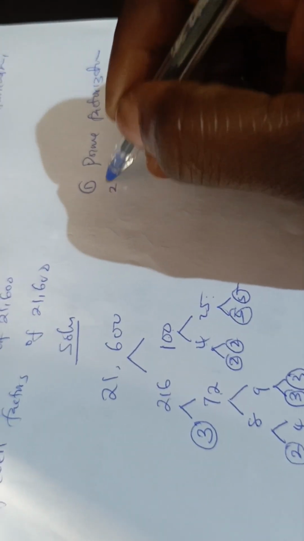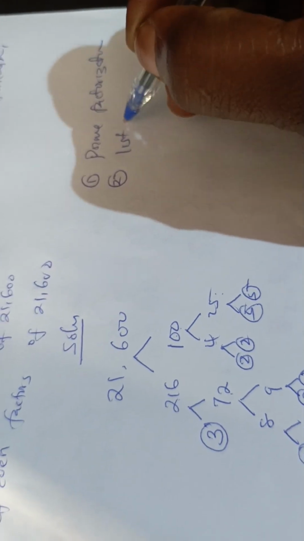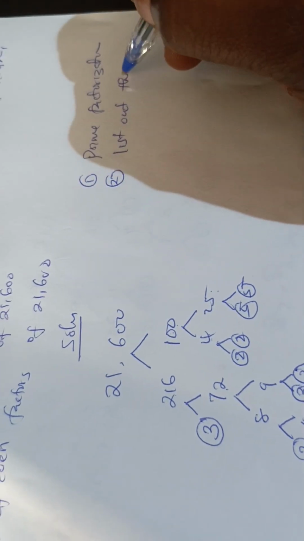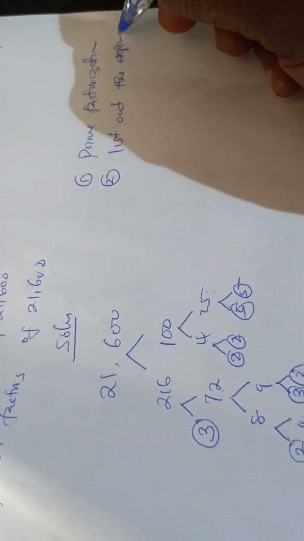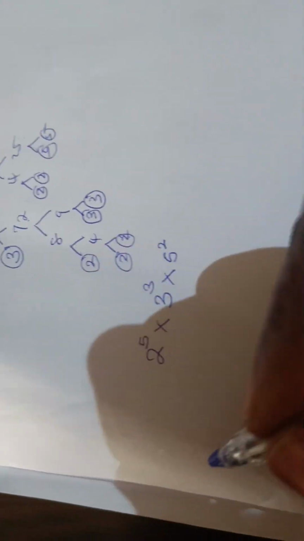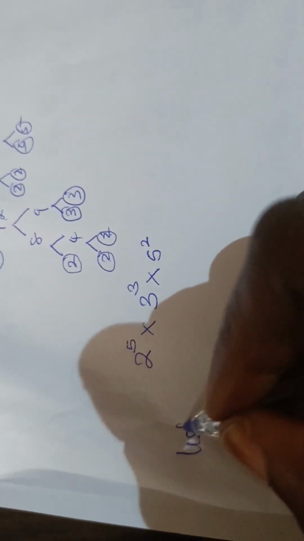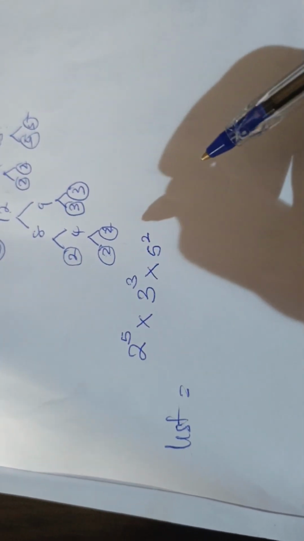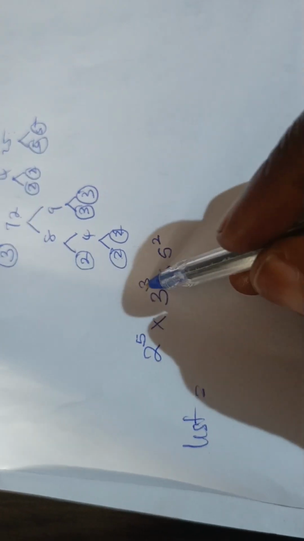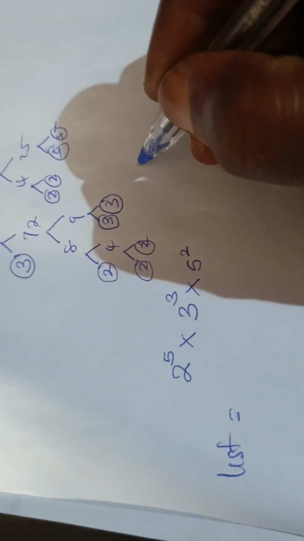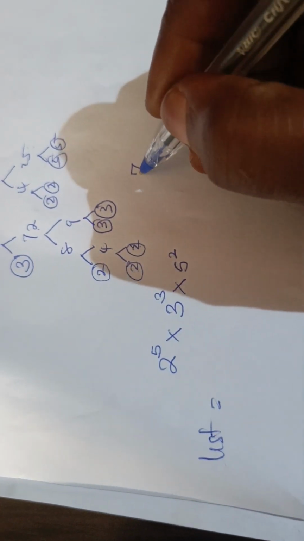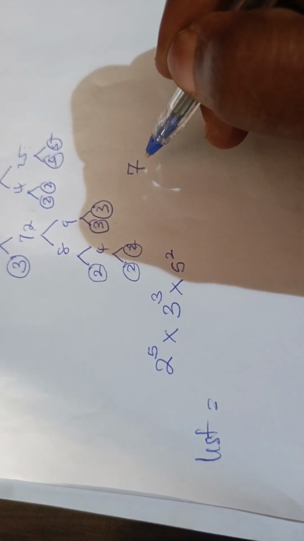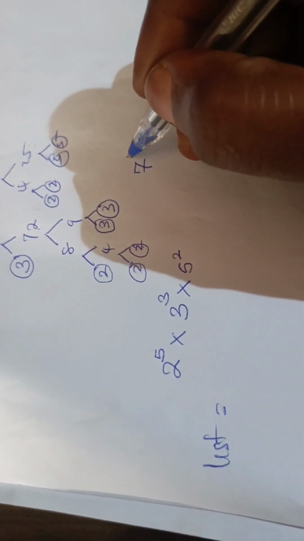So step 2 says list out the exponents. The exponents are the powers, right? Let me use this time to explain: if I write 7, for instance, without an exponent, know that it is raised to the power of 1.